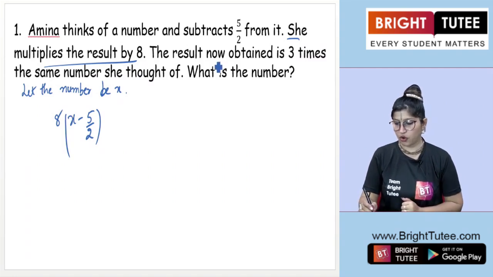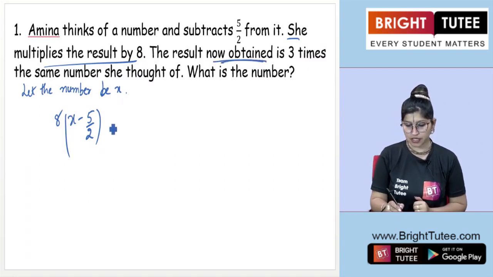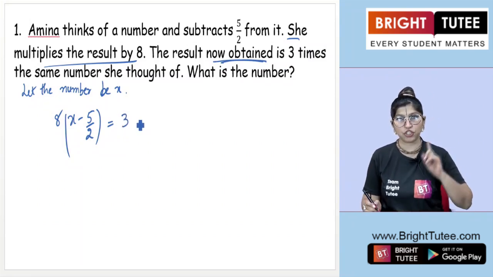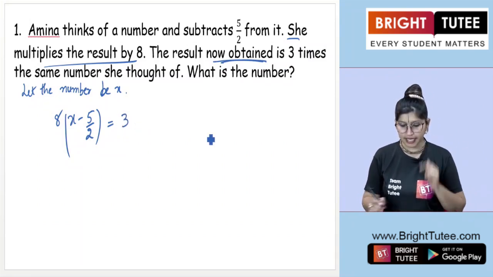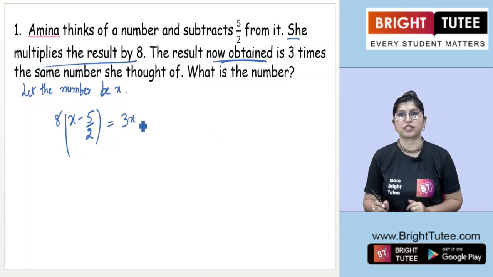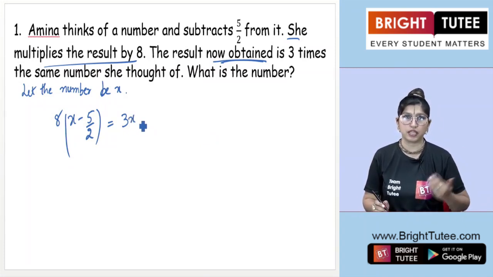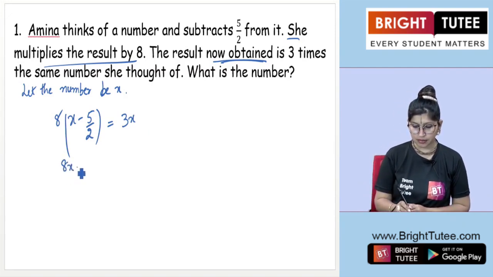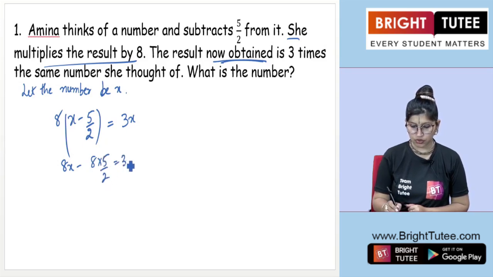Now the result obtained is equal to 3 times the same number she thought of, and she thought of x. So that will be 3x. So this is the equation which we create and will solve accordingly. So 8 times x is 8x, 8 times 5/2 equals 3x.